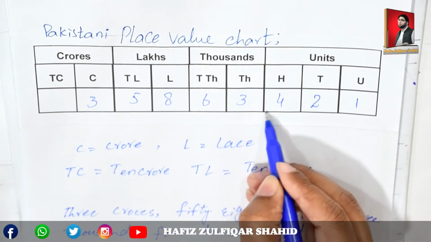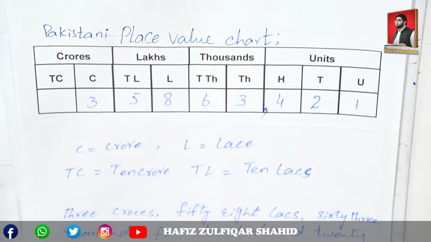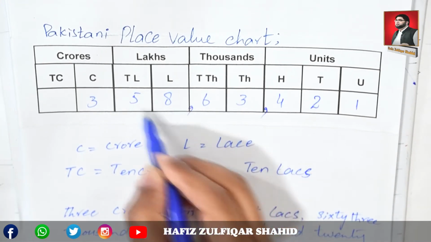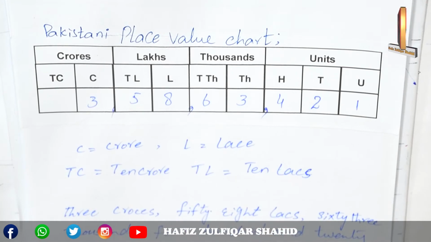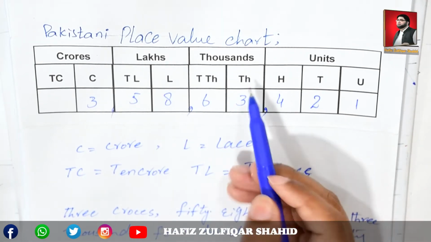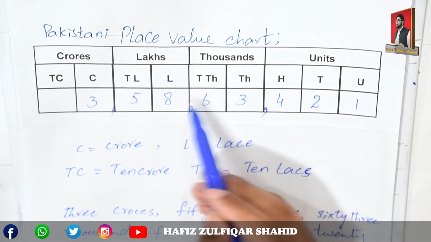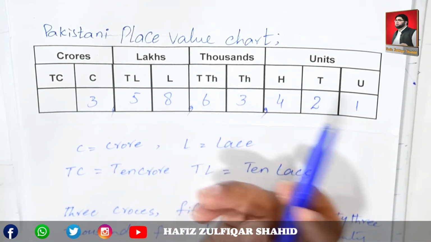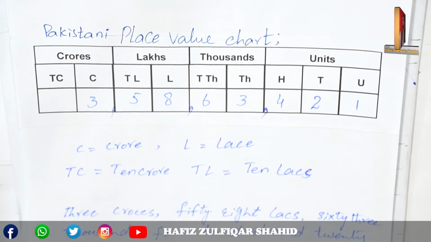After 3 digits we place a comma, and then after every 2 digits we place a comma, because we have 2 columns against thousands heading and against lakhs and crores and so on. So we place a comma after every 2 digits.